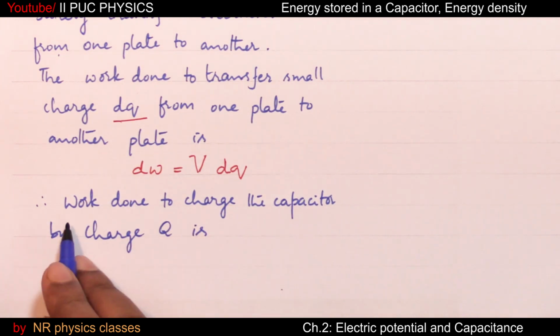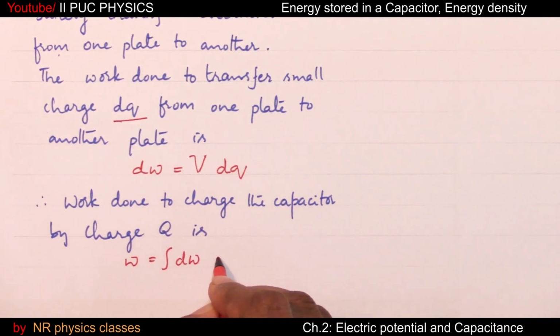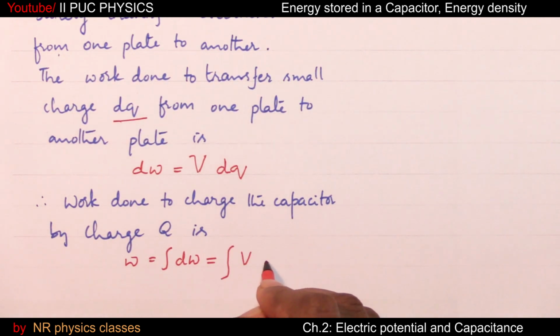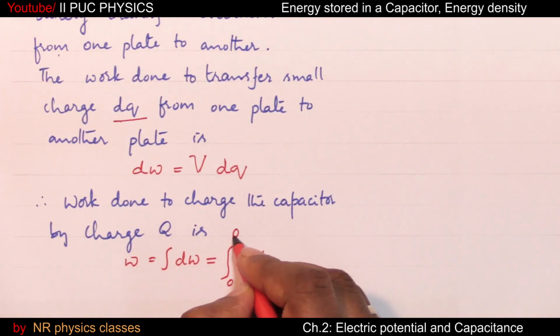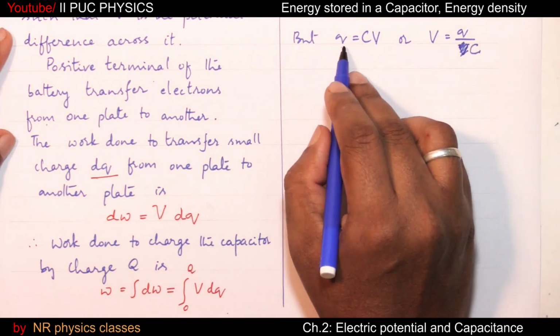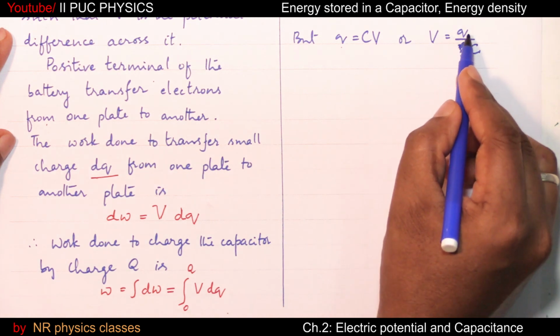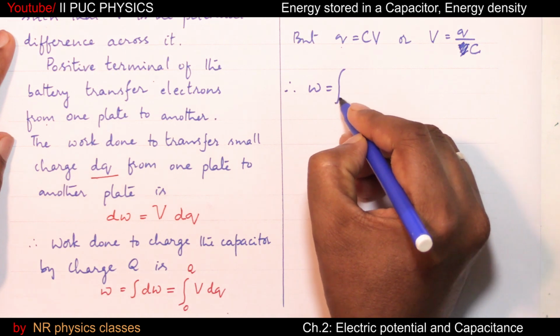Work done to charge the capacitor by charge Q: total work done equals integration of work done, which equals integration of V into dq. Limits of integration are from 0 to Q, meaning uncharged capacitor to charge Q. Q equal to CV, or V equal to Q by C. Therefore, work done equals integration.